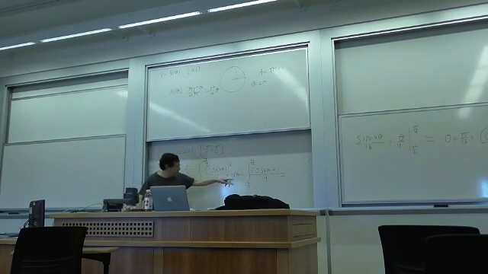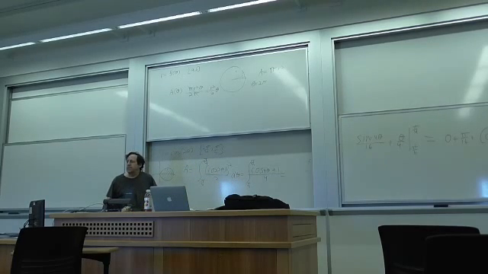R squared over 2 times the infinitesimal angle. Make sense to everybody? It is just a formula. You can use it kind of dumbly, but it helps to understand where it comes from. Okay, other questions?